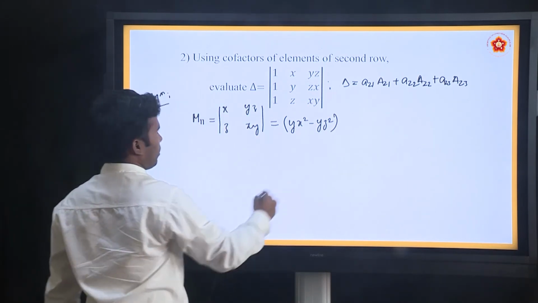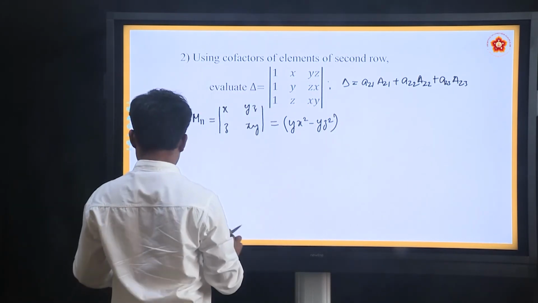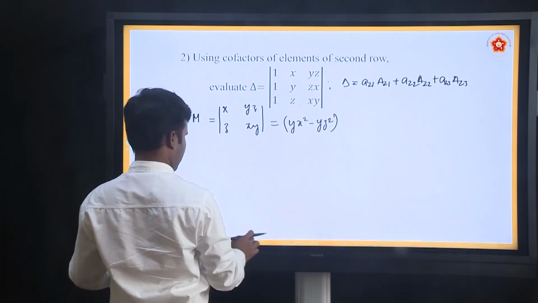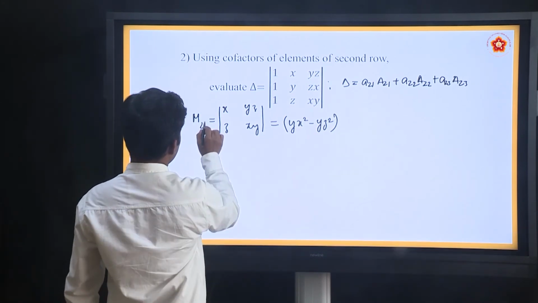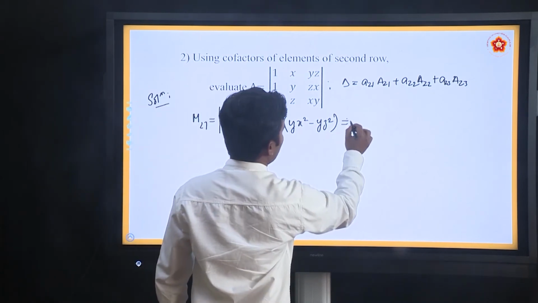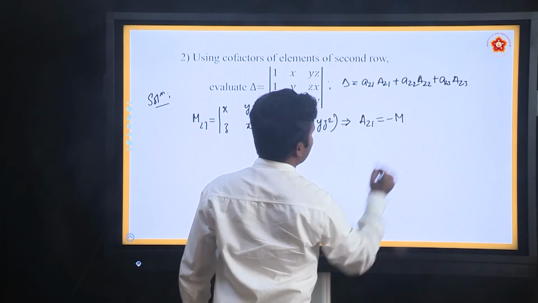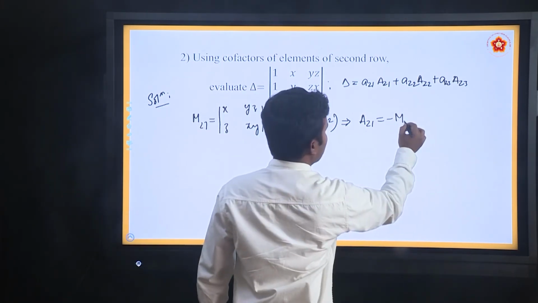So, now the corresponding cofactor is A21. What is A21? Which is nothing but minus M21. Understand?